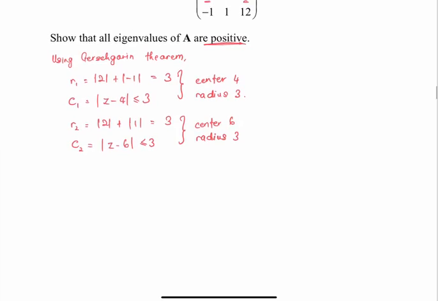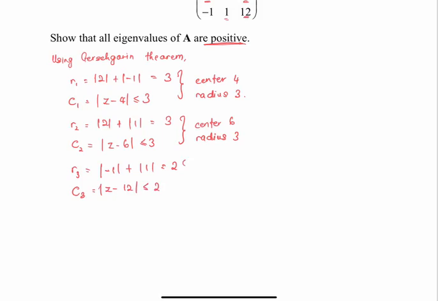And this last row, we have radius, which is |-1| + |1| equal to 2, while the center is |z - 12|, the diagonal element here, less than our radius.